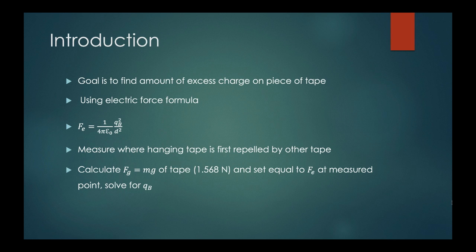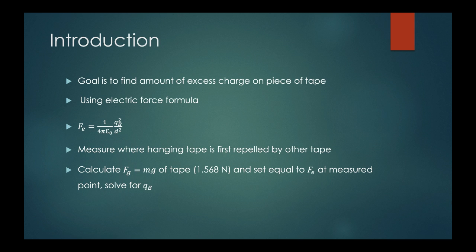And so how we did this was we measured where the hanging tape is first repelled by the tape that we are holding under it, and we do this by finding where the tape first starts to show signs of motion as the second tape is under it.